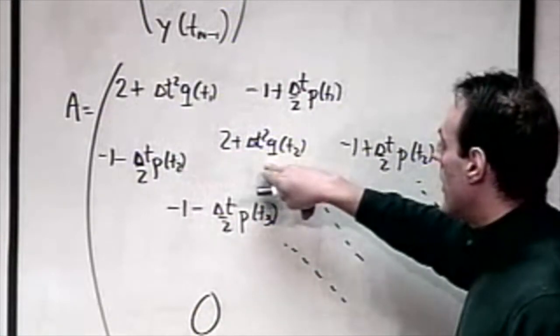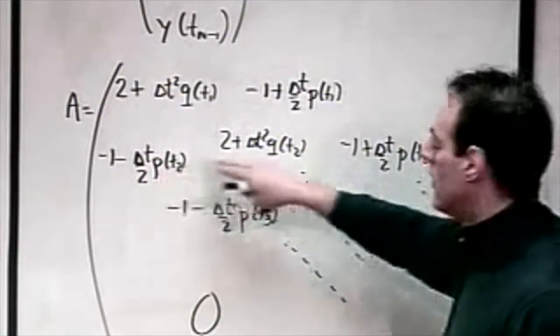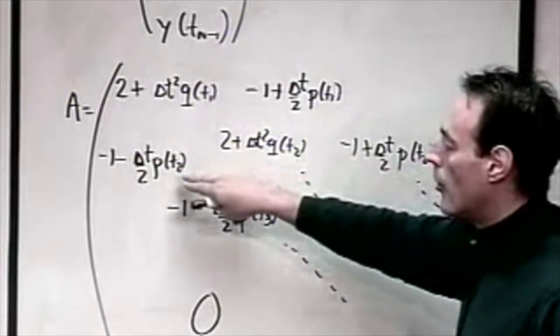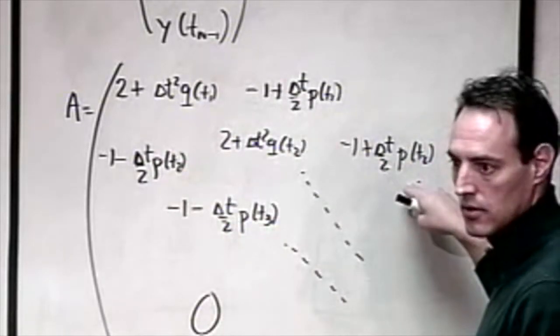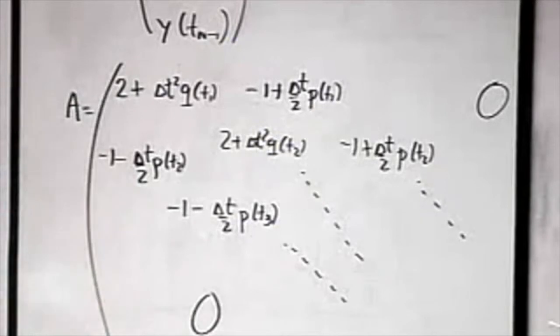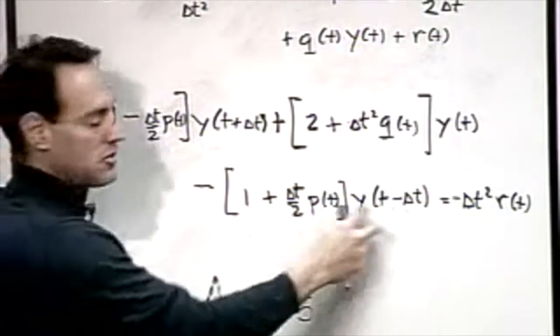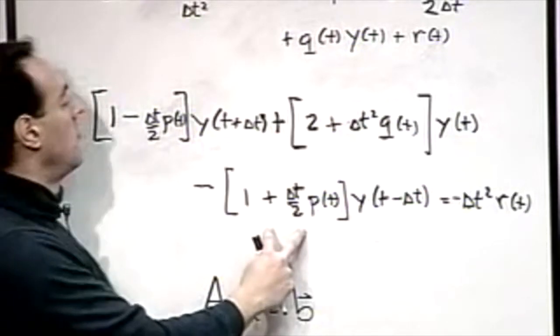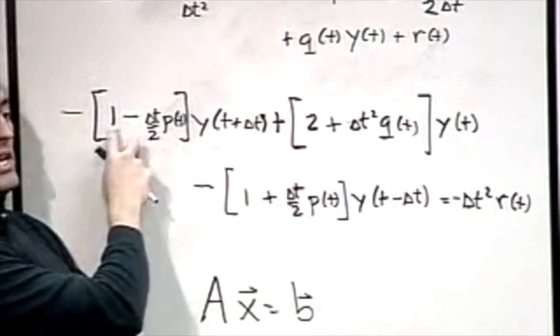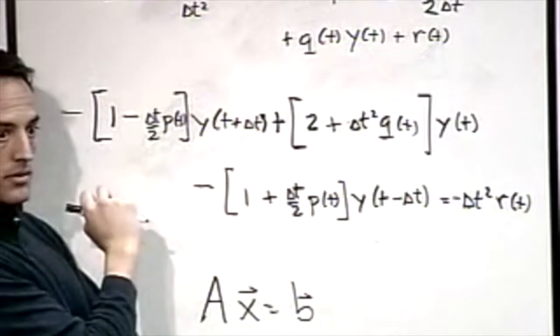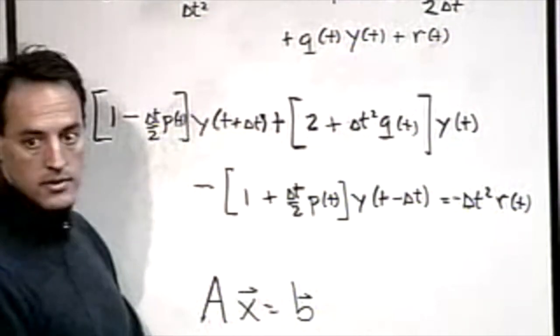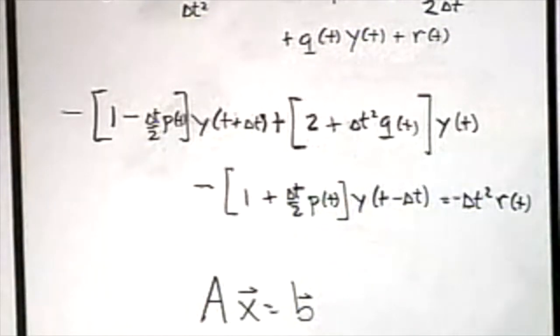So this times y of t2, this times y of t1, that times y of t3. So this is the point to the left, this is the point to the right. The point to the left has these coefficients, which are given right by here. This is the point to the left, t minus delta t. The point to the right has the minus sign there. Okay? And that's it. So that is your matrix A.